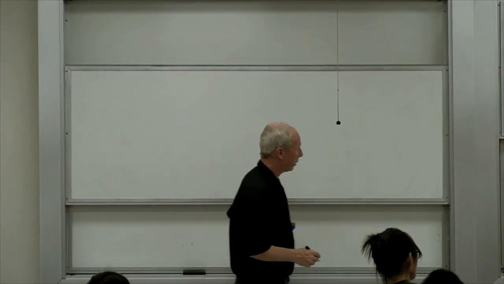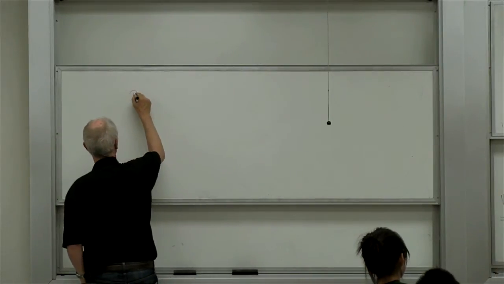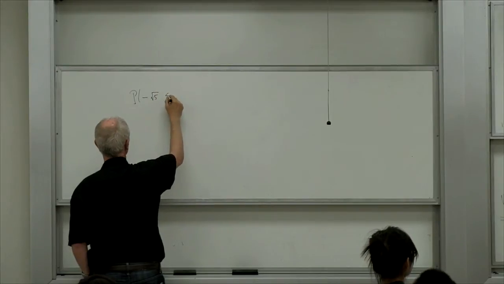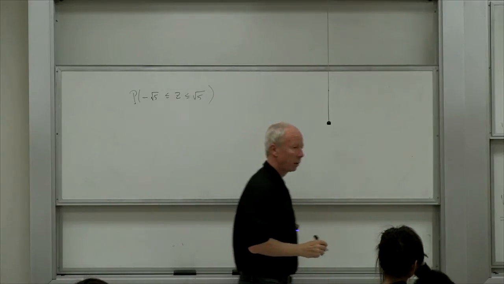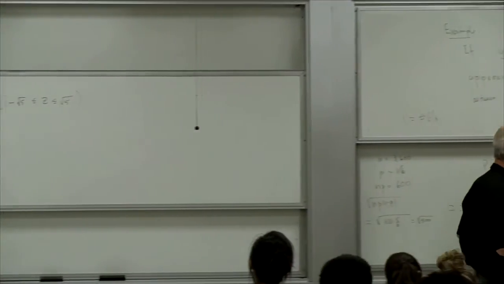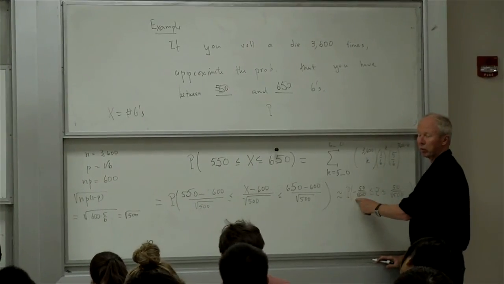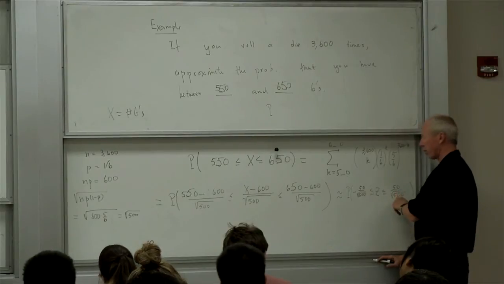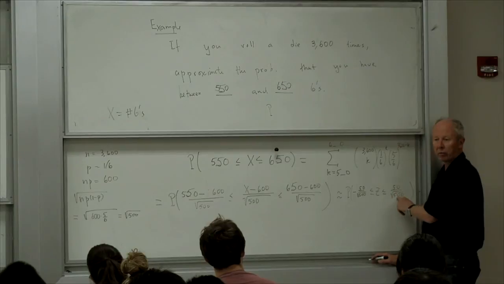So this looks like, on the left-hand side, the probability that minus square root 5 is less than or equal to Z less than or equal to square root 5. Square root of 500 is square root 5 times 10, right? So we get 5 over square root 5. That's square root 5. Same thing here. Square root of 500 is 10 times square root of 5. So we get 5 over square root of 5, or square root of 5.